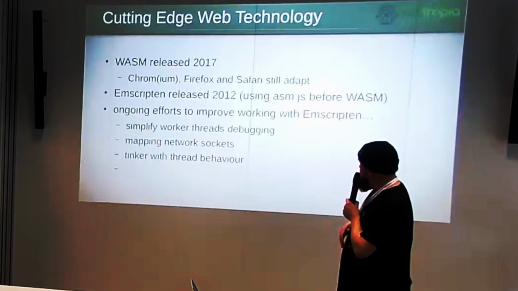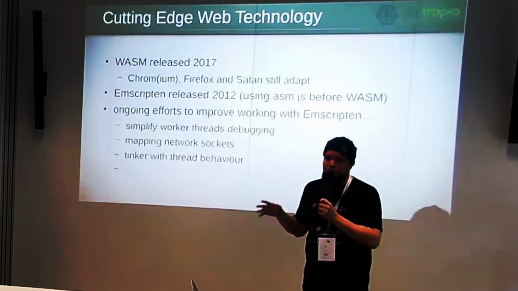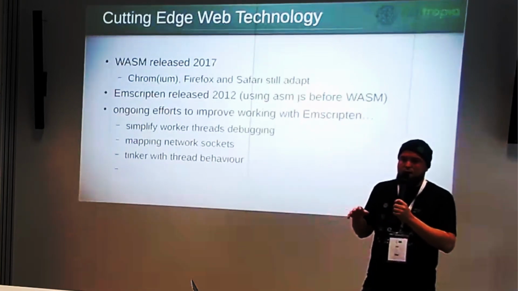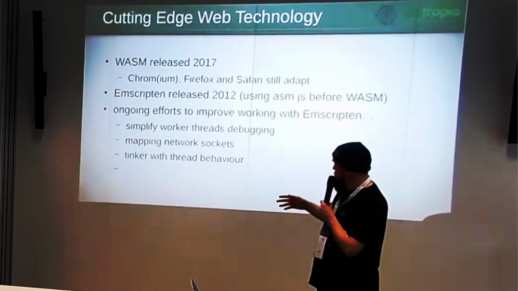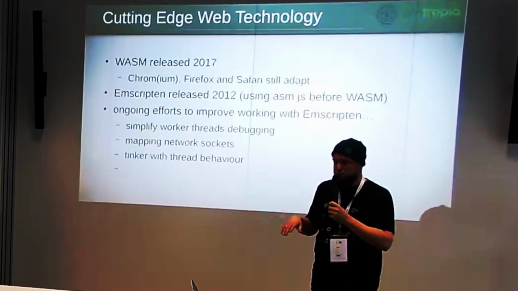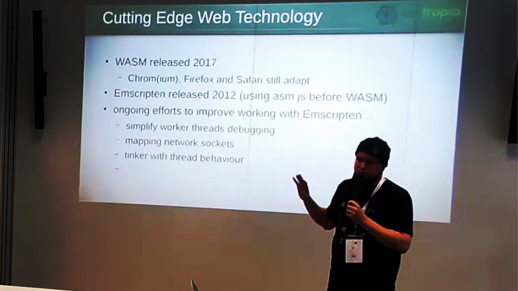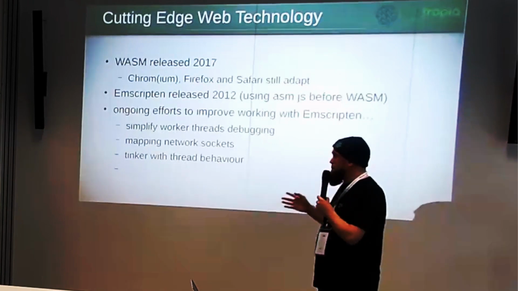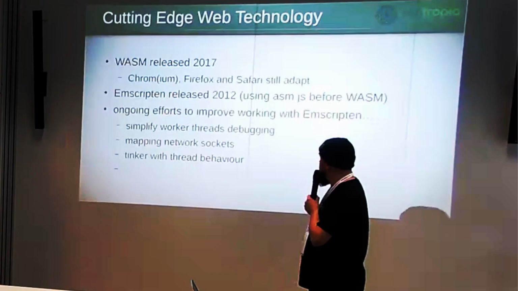Emscripten in itself was released in 2012, but back then it was more like a transpiler compiling C and C++ to plain JavaScript. asm.js was there in between, which sped that up a little bit. But it adapted to WASM after 2017.